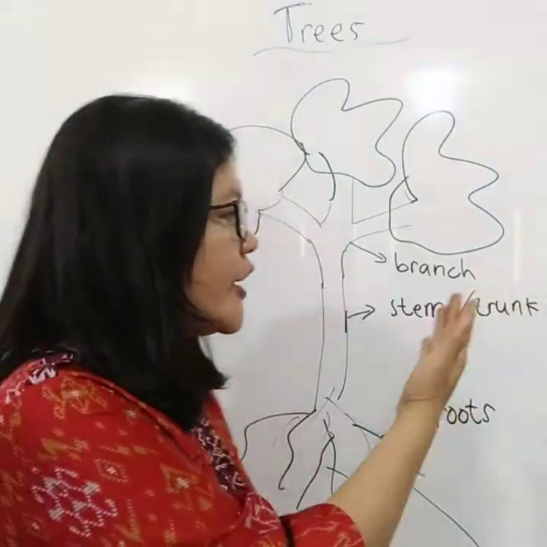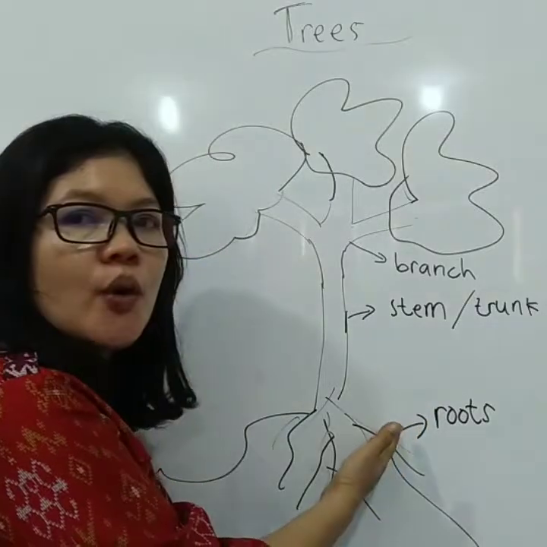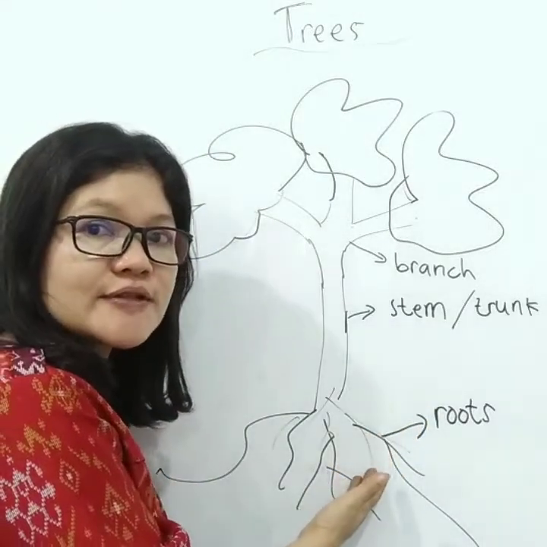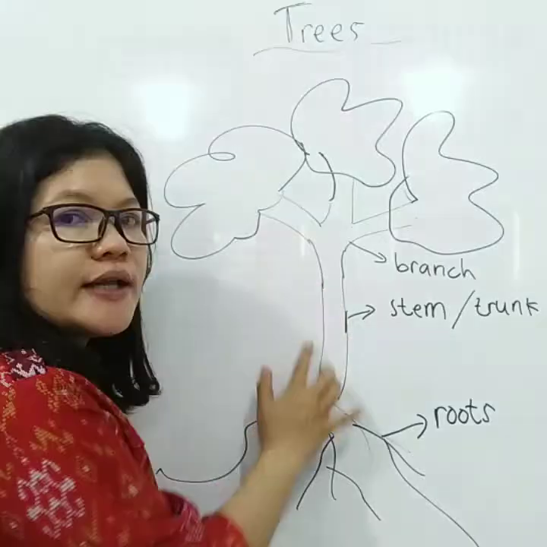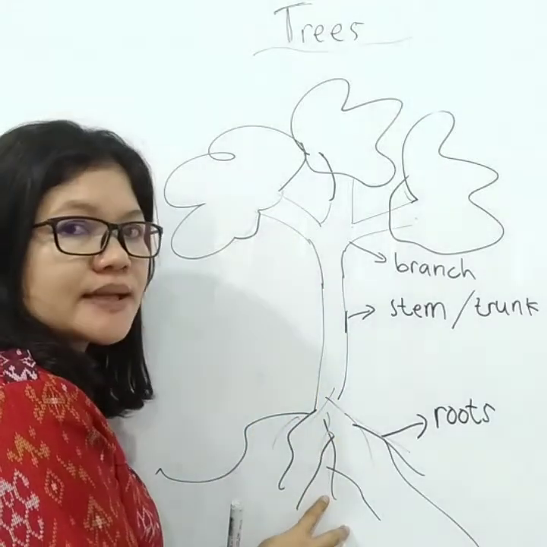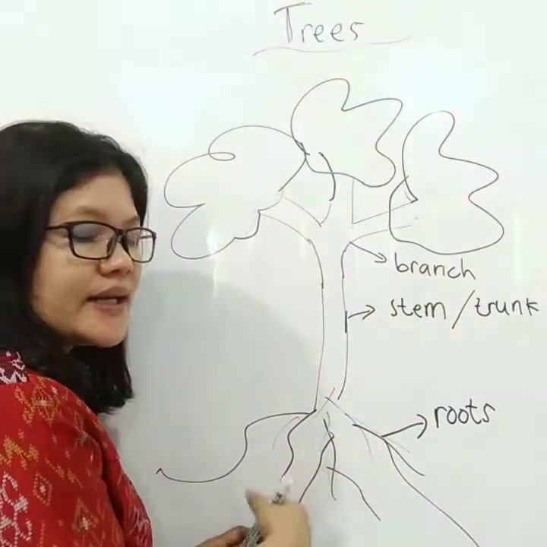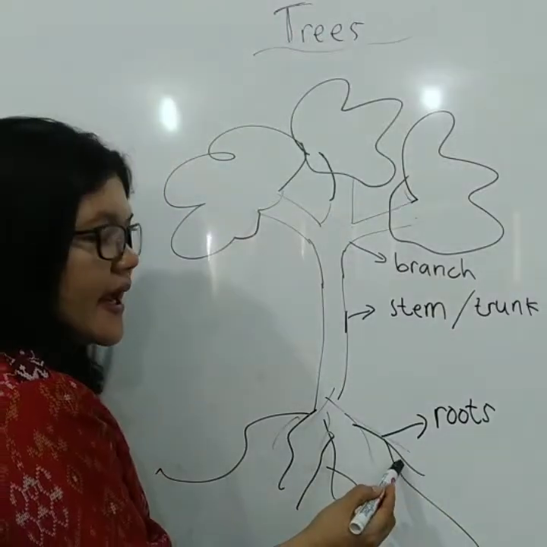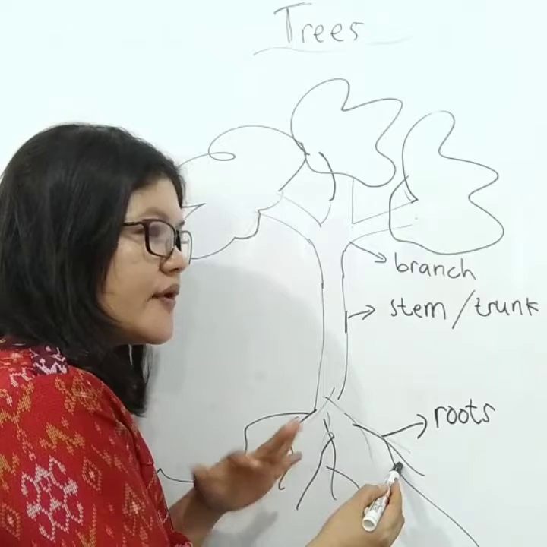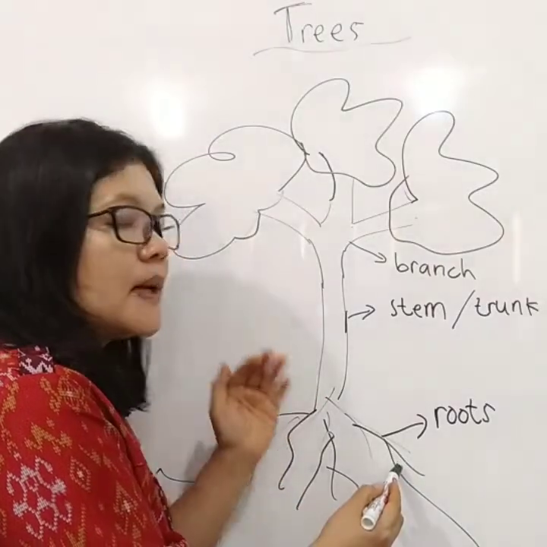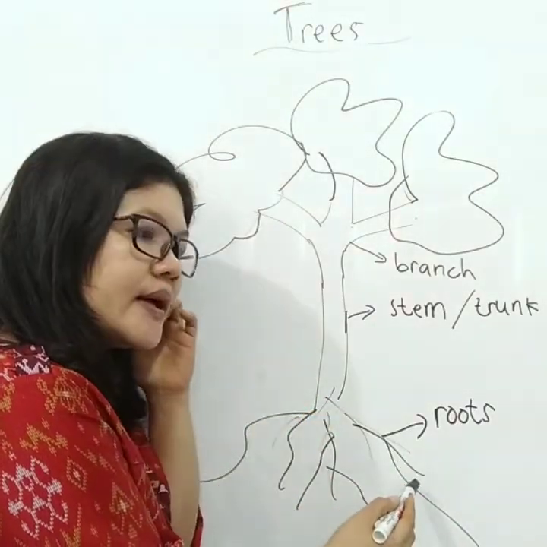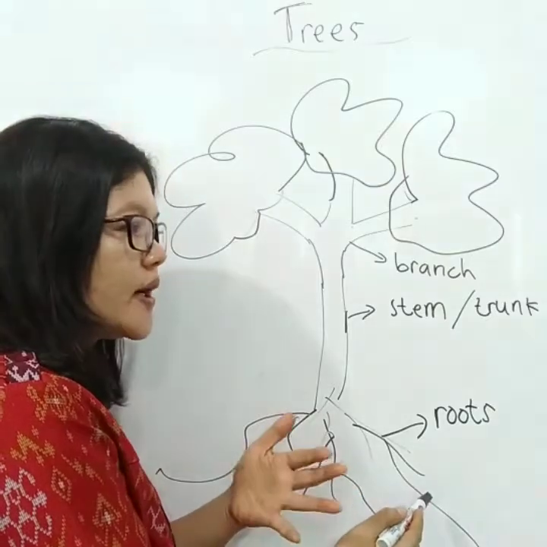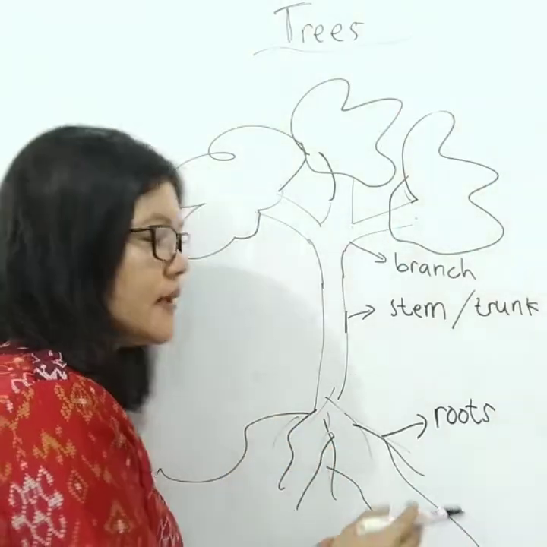In front of you now, Miss Happy has already drawn one tree. Can you see it? Now we're going to mention all the parts. This one is the roots, the roots of the tree. As you know, the roots are very useful for plants, so they can take in water from the soil.